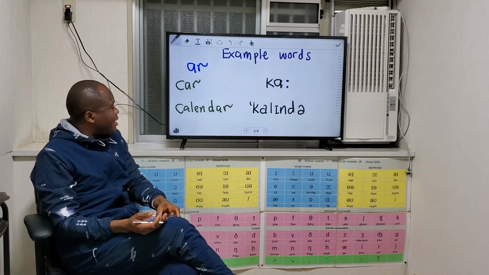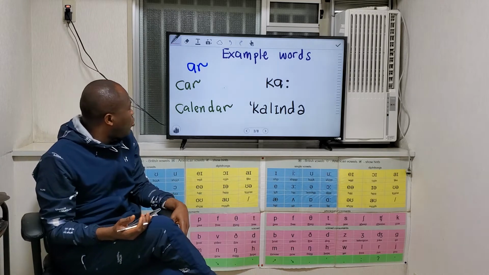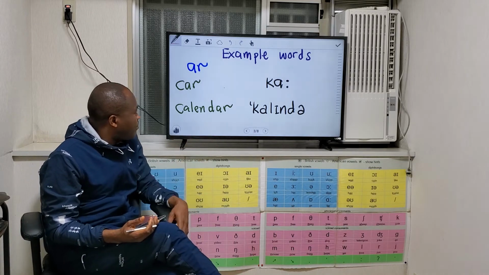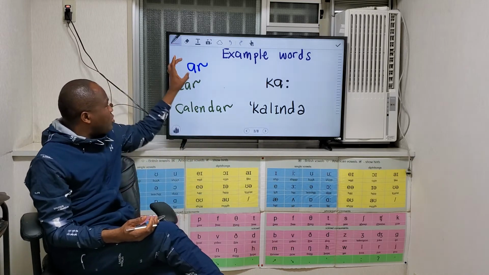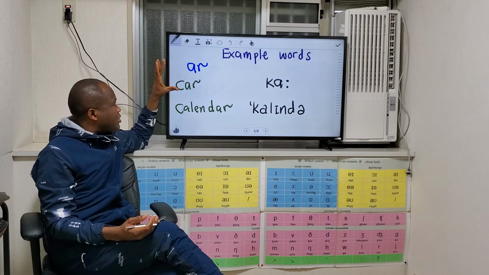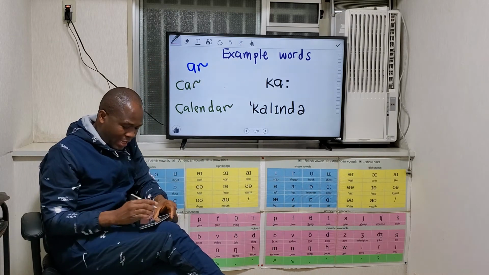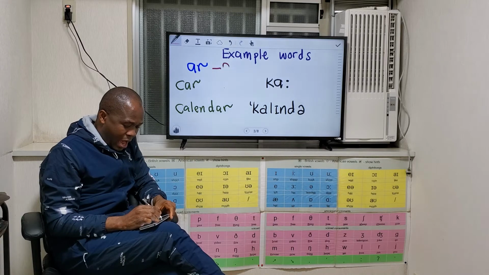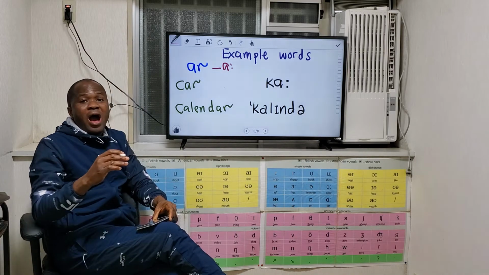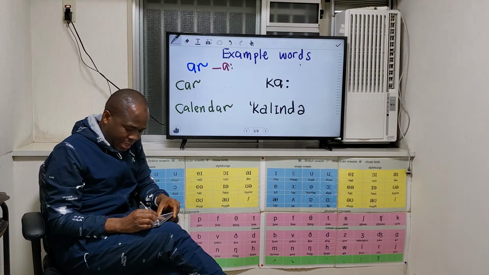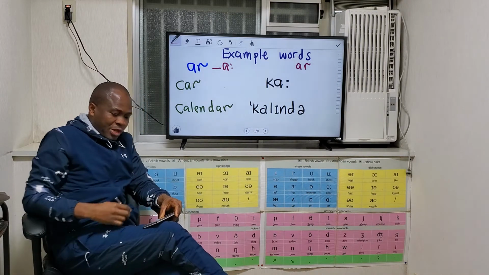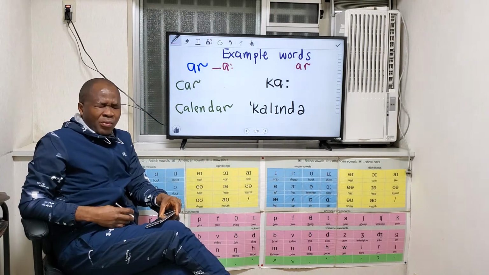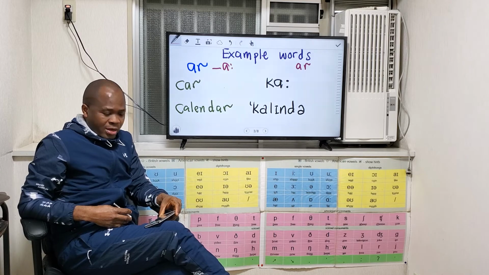Now we are looking at the examples so that we'll be able to know how they behave. Now let's look at the first one. We are looking at AR. AR is basically pronounced as R. That is a long R. But in America, they add the R to it, so it is pronounced R. Example: bar, car.